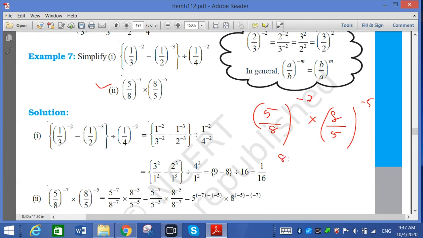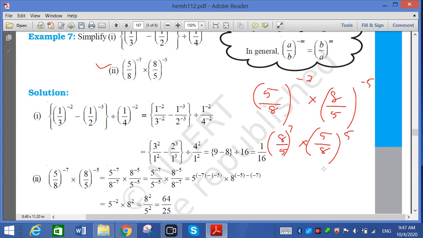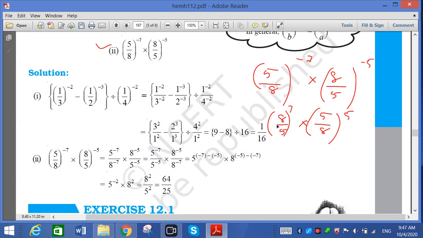So 8 upon 5 and power is 7. Again here 5 upon 8 power is 5. Now what I have to do? 8 the power 7 and 5 the power 7. Again 5 the power 5, 8 the power 5.